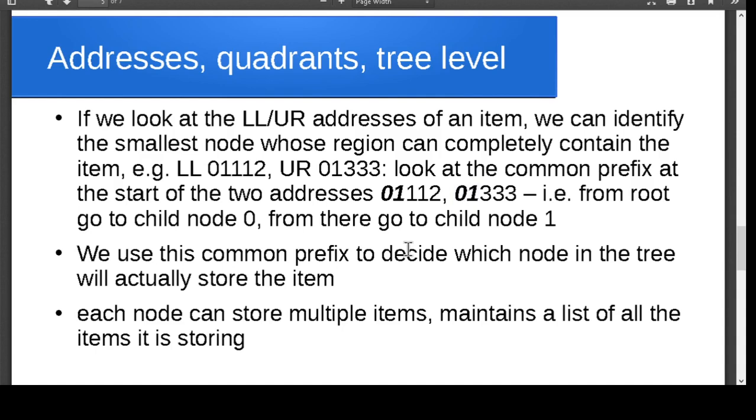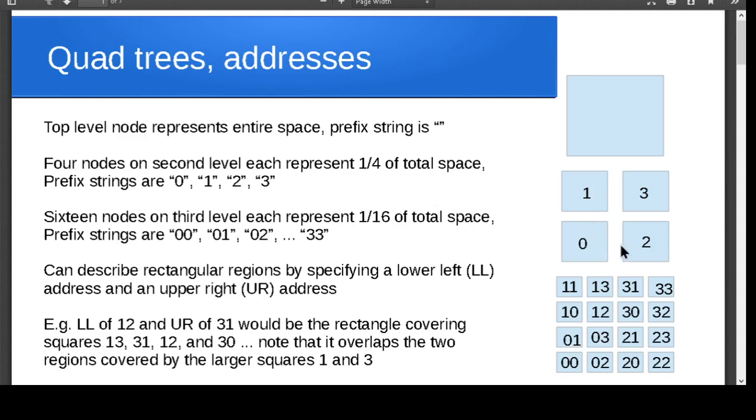Now, you can have lots of different items stored in each node, right? If you go back to the beginning and think about our map example, maybe we've got one building that goes from 2.3 to 3.2. So that's going to have to go into the global space.